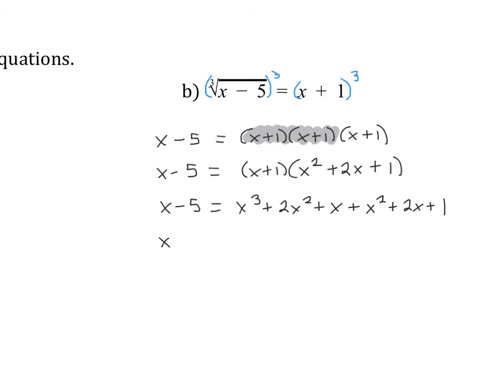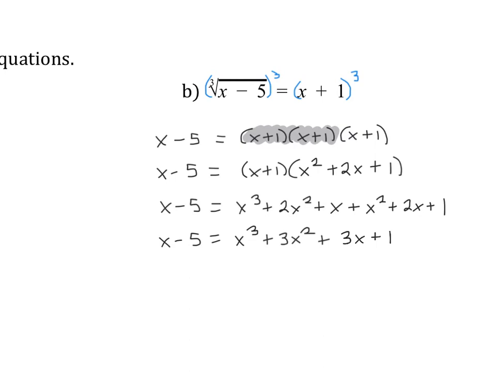So let's combine like terms first. So we get x cubed, and then here I have 2x squared plus x squared, which is 3x squared. And then here I have x plus 2x, which is 3x plus 1.